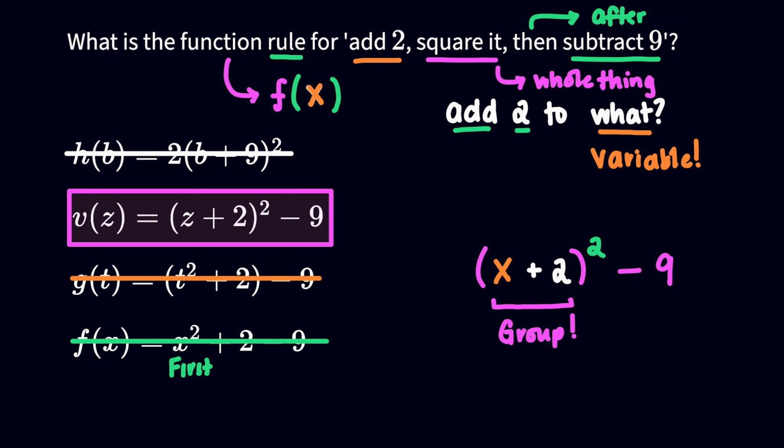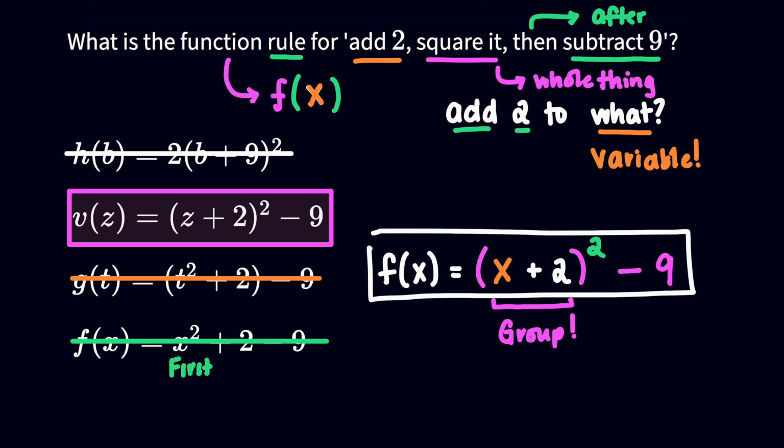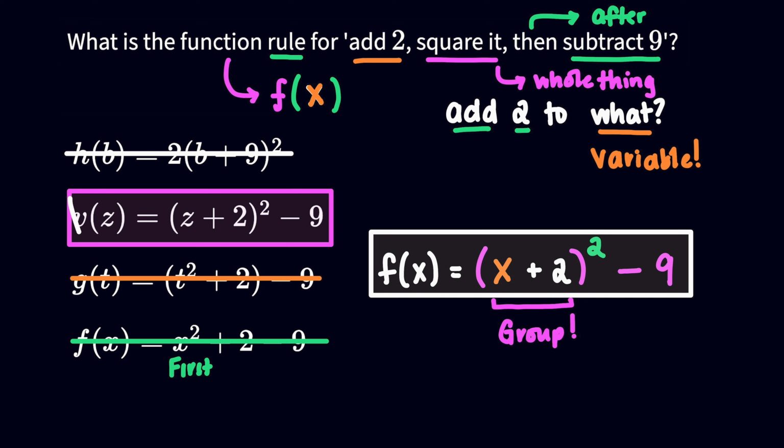And there is the same notation as in that answer choice. The only difference is that they used z's. Maybe for ours, if we just wanted to write it down, I would say that this would be f of x. So I used our rule f with the variable x. They used the function v with the variable z. But both are basically the same thing.